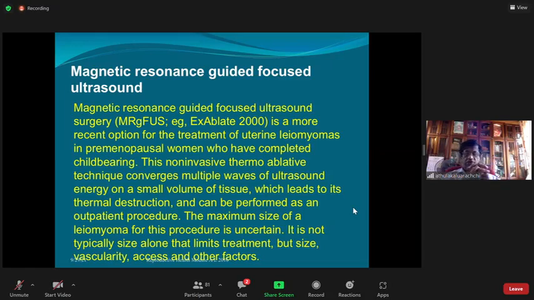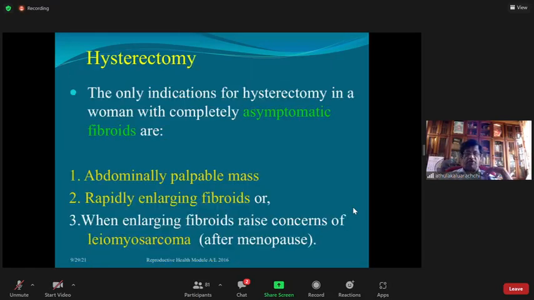You can also think of using MRI to treat the fibroid. And if they're not planning for further pregnancies, then the final answer may be removing the uterus. Of course, if you remove the uterus, there's no potential for childbearing, so you have to seriously consider. That's why this treatment has to be individualized, and you have to select the cases and see what their reproductive issues are before you treat the fibroids.